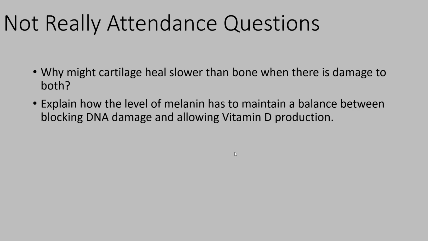So there's still enough ultraviolet radiation getting through to activate vitamin D, but we don't have to worry quite as much about DNA damage. So skin tone really is a balance of block enough ultraviolet radiation so that we don't all get skin cancer, but allow enough ultraviolet radiation so that we don't all become vitamin D deficient. Think about that. That's kind of a tricky concept, so listen to that a few times just to make sure that it's sinking in.